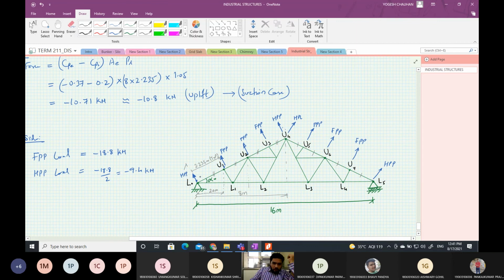Because this will have load from this much part only, whereas this part will have load from both sides. This will have load from both sides, and this will have load from this side only. Similarly, this will have load from this side, this will have load from both sides, and this will have load from one side only.